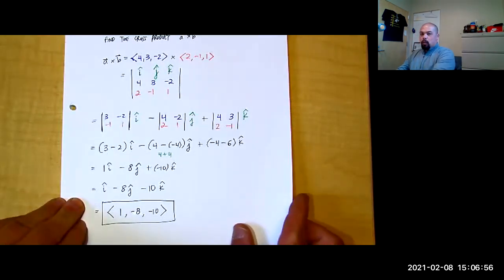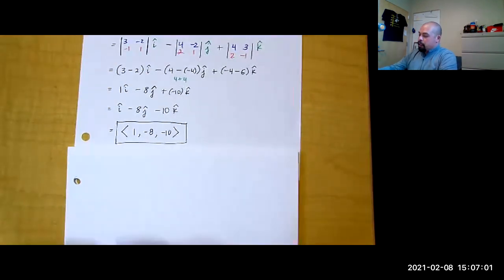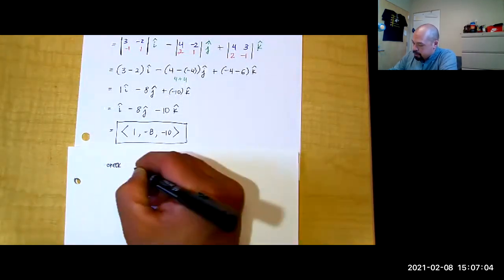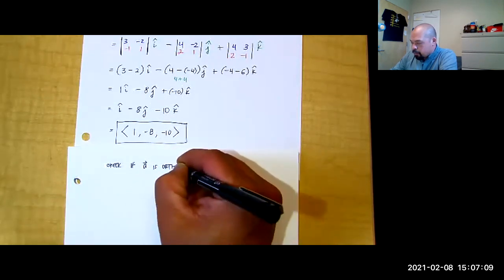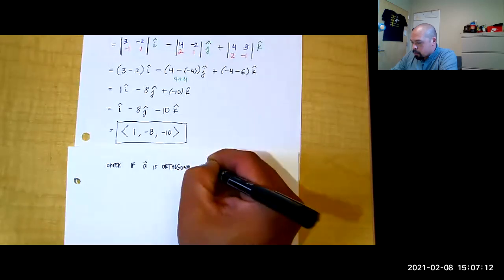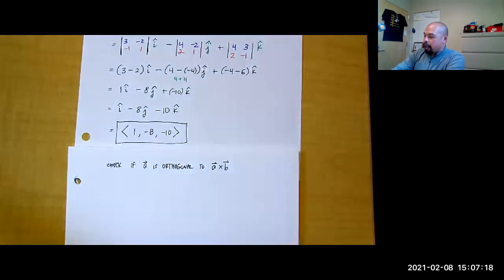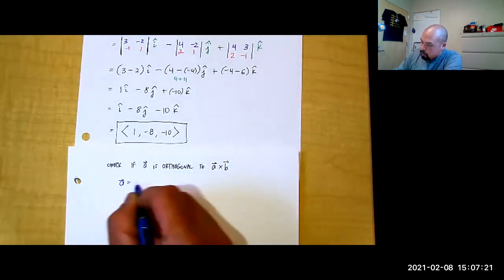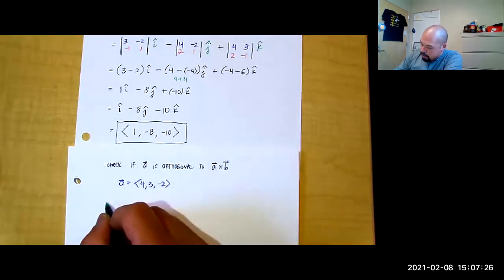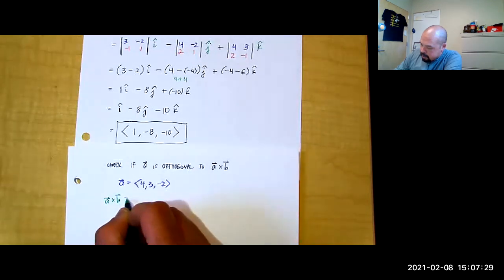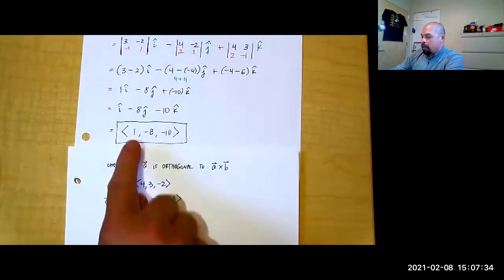Again, we can do both, but let's just do one of them. All right. Let's check to make sure if vector A is orthogonal to that result vector A cross B. Right. So again, if vector A was 4, 3, -2, our cross product we just computed and found 1, -8, -10.